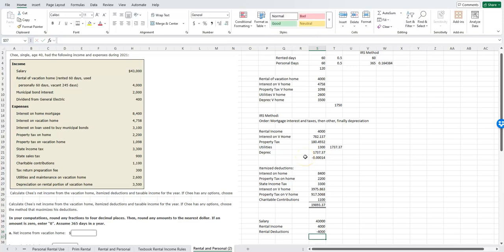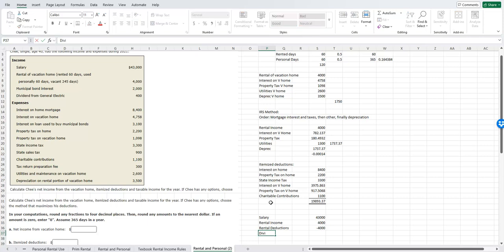So we netted all that out. All right, and so then municipal bond interest is non-taxable, so I'm not going to add that. Dividends from GE, that is taxable. So I'm going to add that as my income. That's $400.